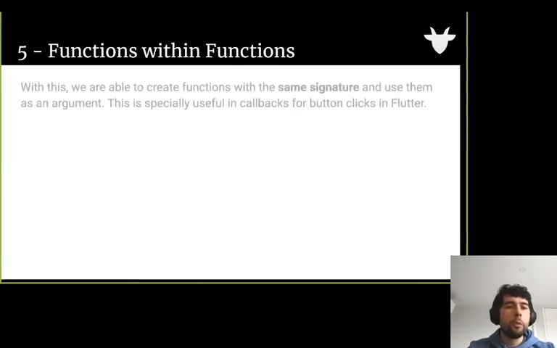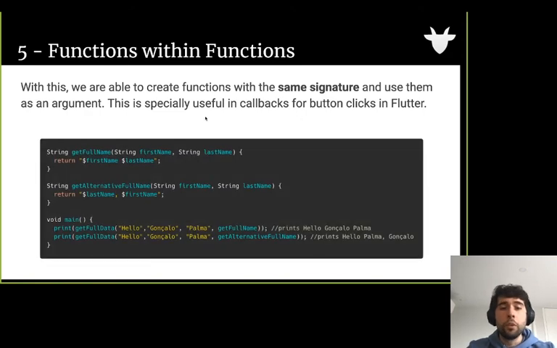On the next slide, we can see that in order to use this, the only thing that I need to do is to declare a function with any name that follows the same signature. So if a function returns a string and it has as arguments two fields that are also strings, then I can use it.